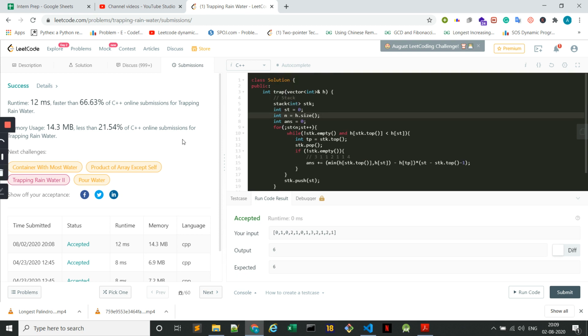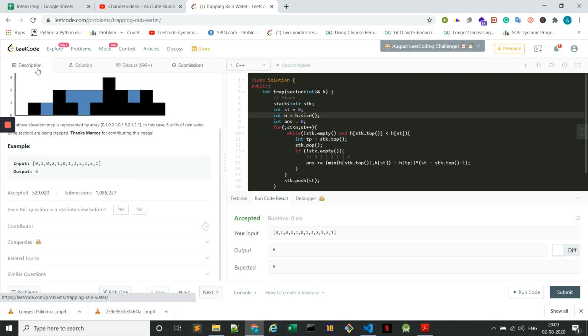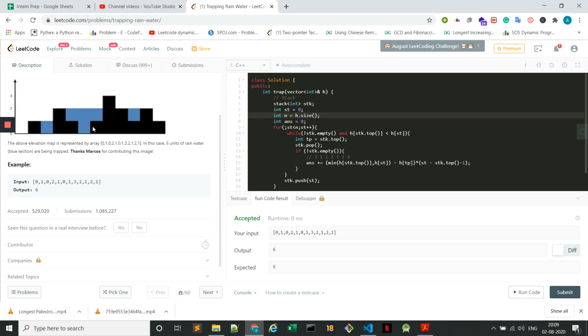There are solutions with DP as well, where in the dynamic programming solution, what we do is, let's say this is the bar, and we want to find out how much water it can hold above it at max. So we will try to compute the left max and the right max for this particular index.